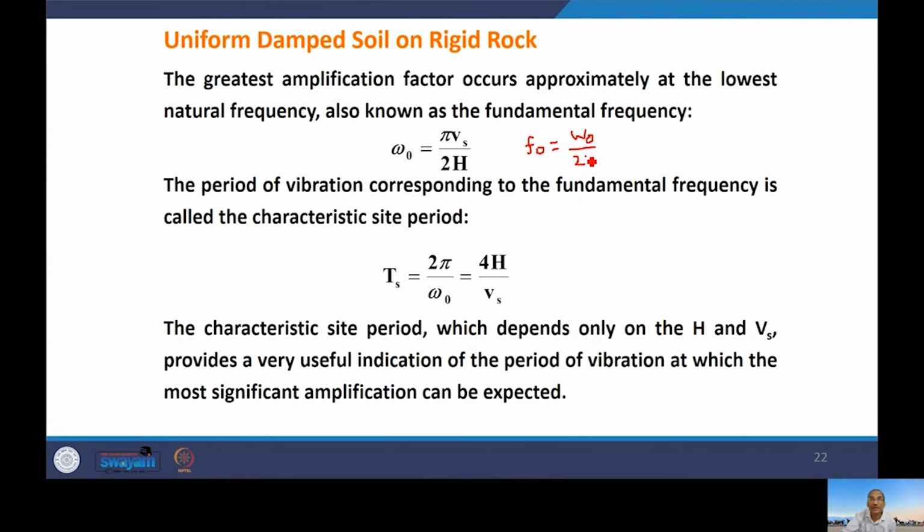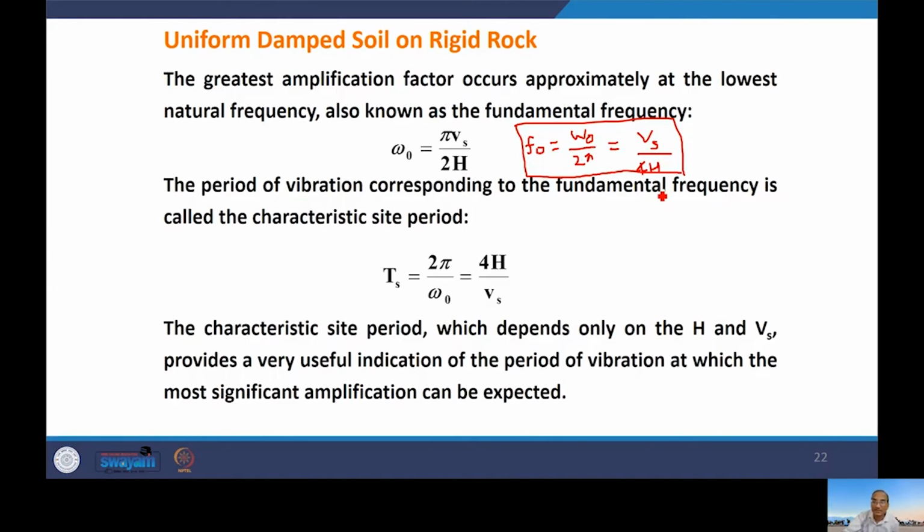If I divide it by 2 pi, then what do I get? I get Vs by 4h. So this gives you the first or fundamental frequency of the soil layer, which is fixed at the base. If you have a soil layer, the natural or fundamental frequency can be found simply as Vs by 4h.